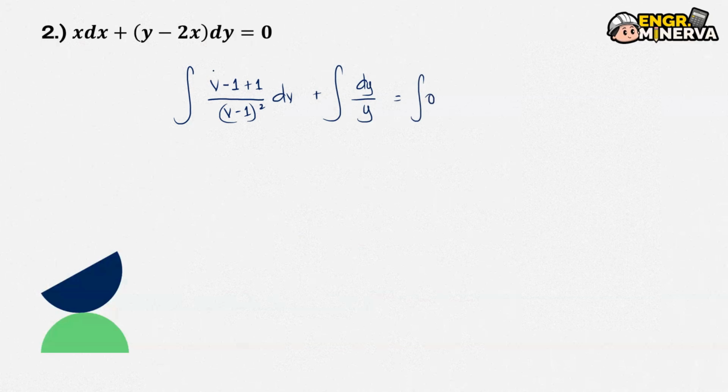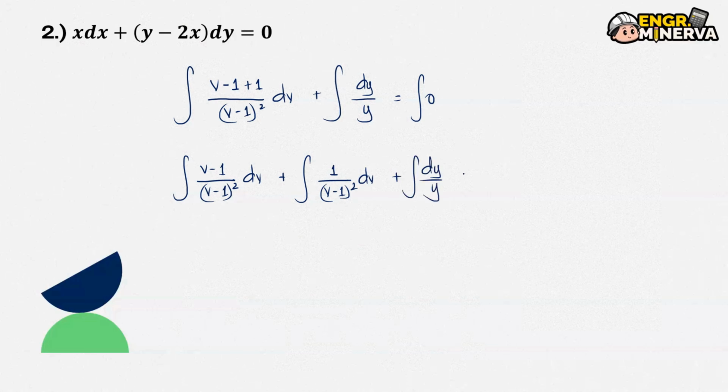So for this one, we can group v minus 1 over v minus 1 squared dv and extract the other one, 1 over v minus 1 squared dv, plus integral of dy over y equals integral of 0.